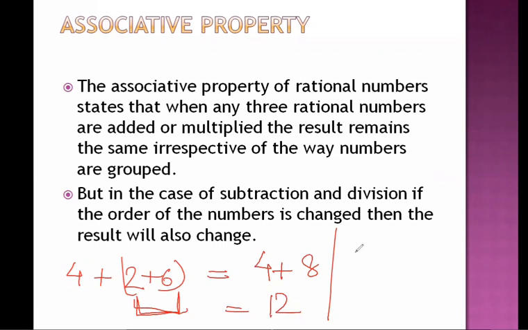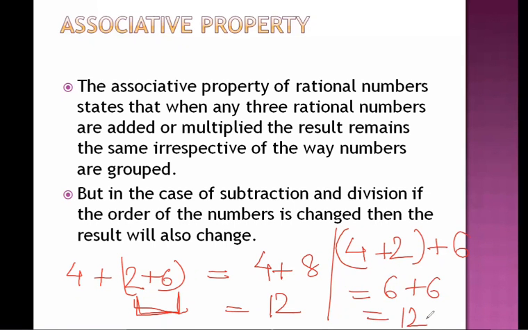But in case I change the order of the grouping, means if I take the group of 4 and 2 in a bracket and the other number, then my answer would be same: 6 plus 6, that is equal to 12. So according to associative property, when rational numbers are added or multiplied, the result would remain the same irrespective of the way numbers are grouped.